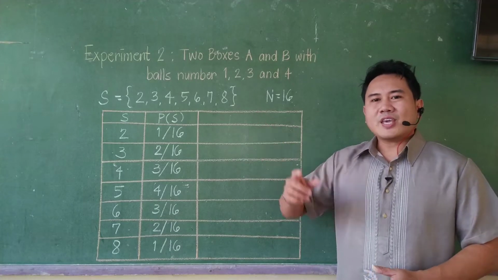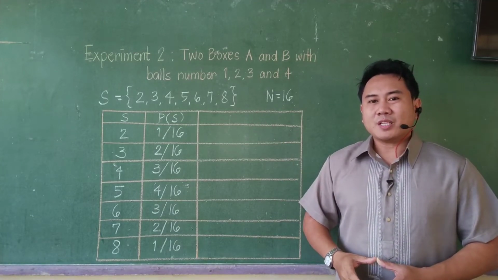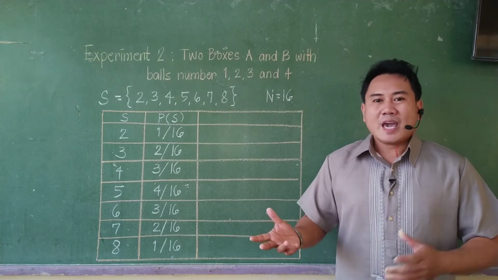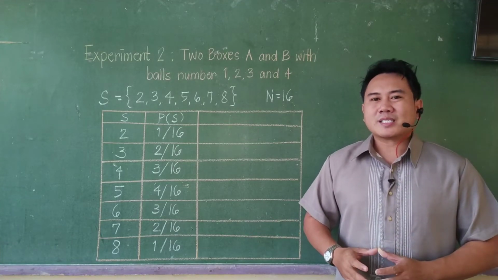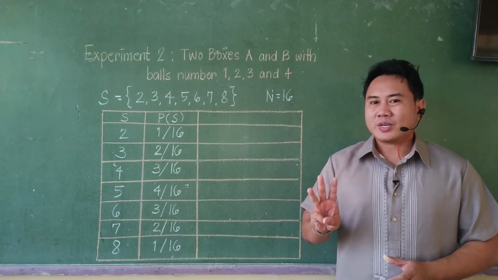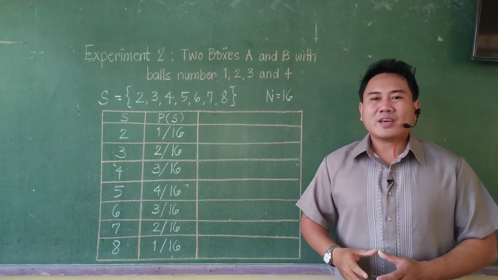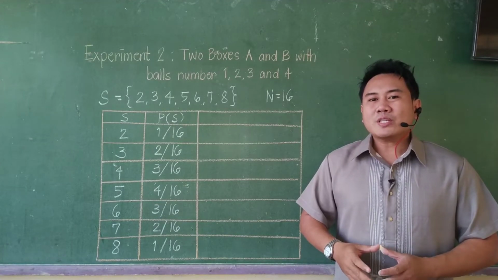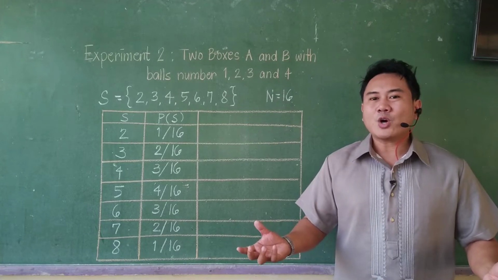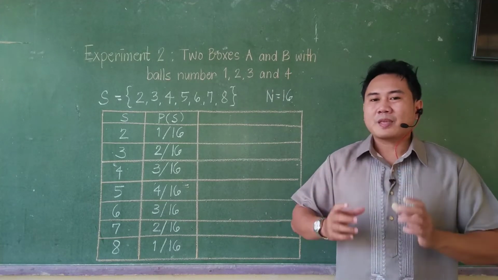This data is taken from our previous experiment number 2, wherein we have two boxes, A and B, and each box contains 4 balls with numbers 1, 2, 3, and 4. In that experiment, we are going to pick one ball from each of the boxes, and then we are going to get the sum.